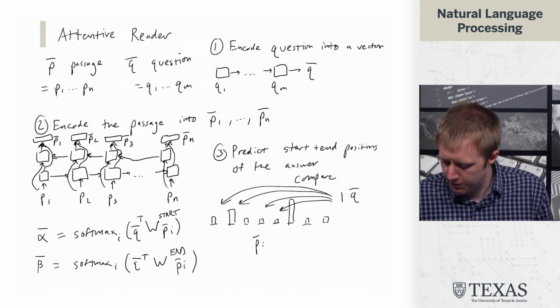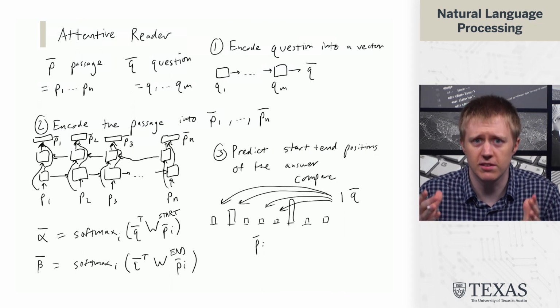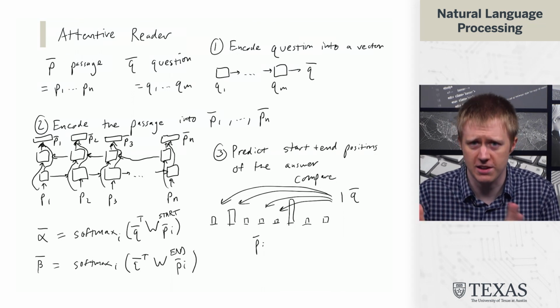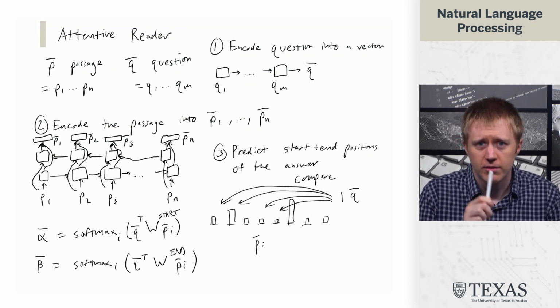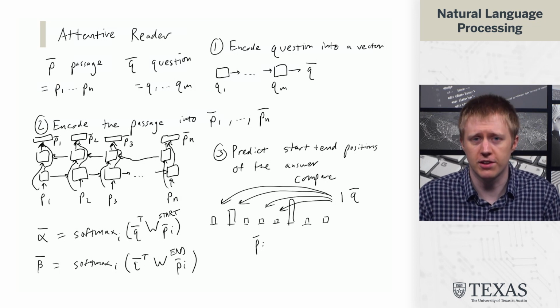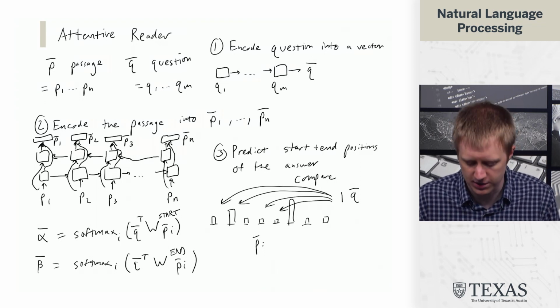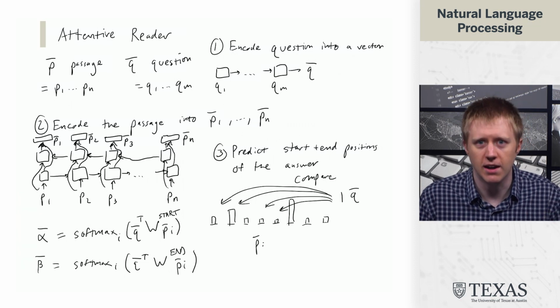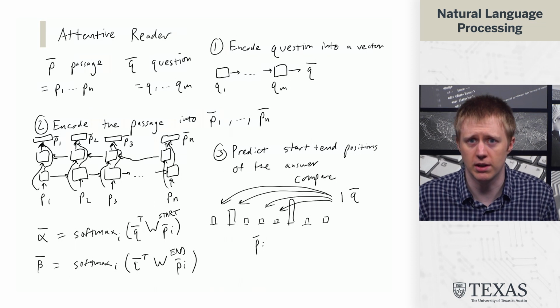These are just two different matrices that allow us to focus on different aspects of the encoded question and passage. They're going to be trained differently, because one is trained to capture the start state, and the other is trained to capture the end state. Through these different parameters, ideally we're going to access different parts of the Q and P representations and learn the right probability distributions over the token indices.